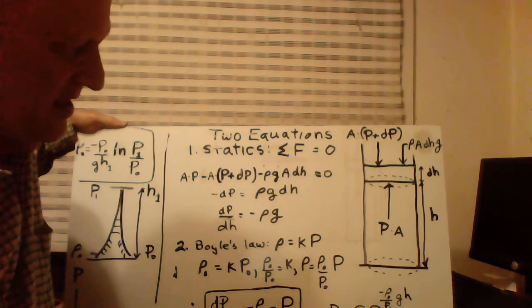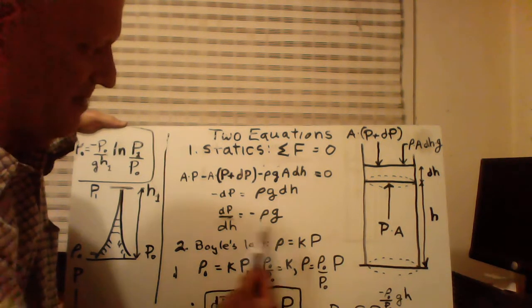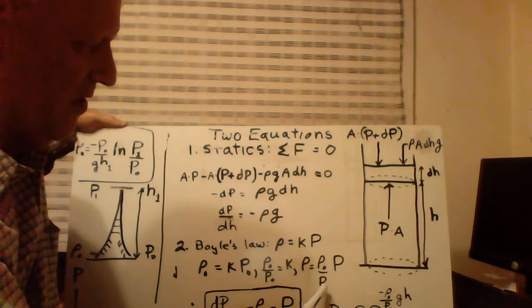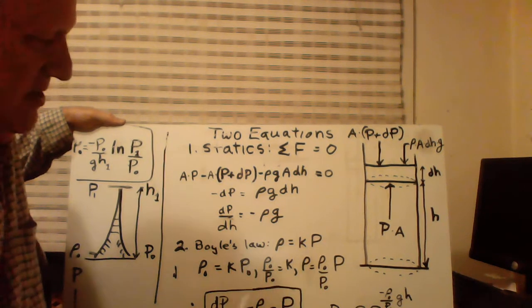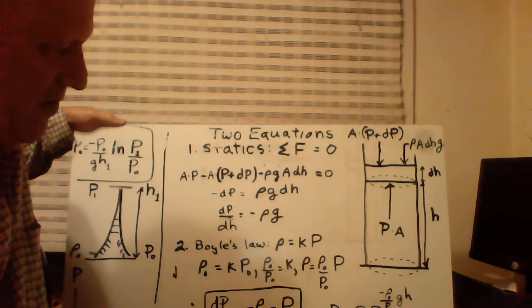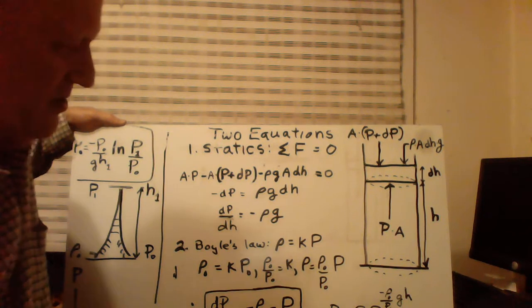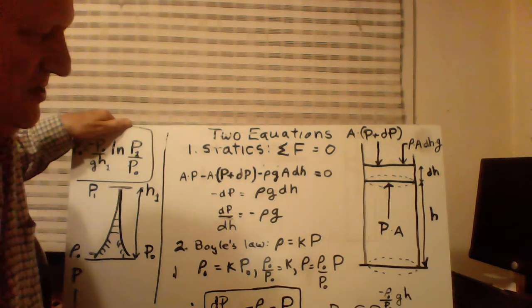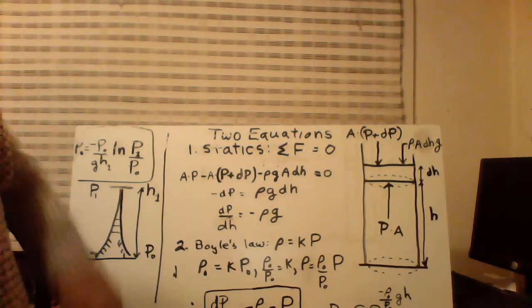Now instead of rho in this formula up here, we can say rho sub 0 over P sub 0 times P. So replacing rho, we now have dP/dH is equal to minus rho sub 0 over P sub 0 times G times the pressure.